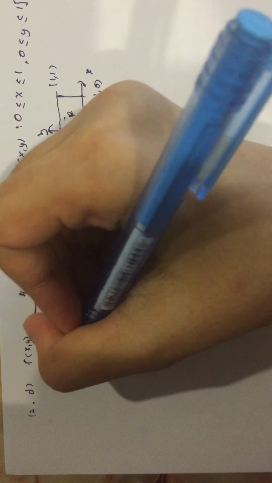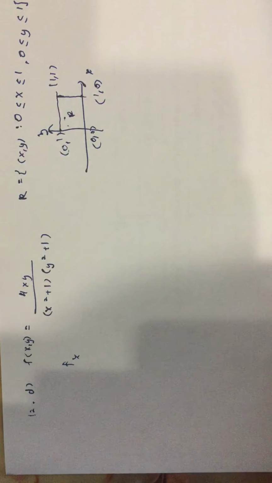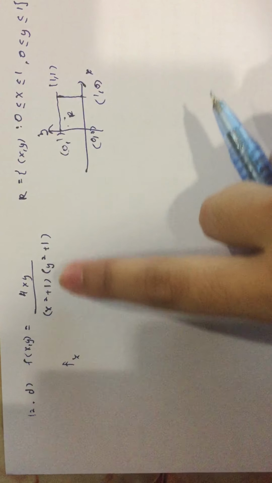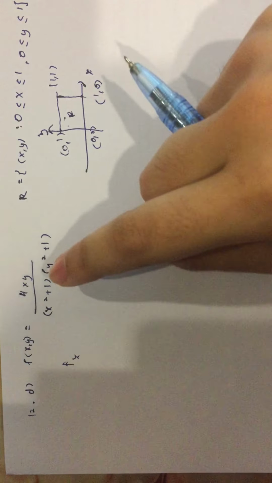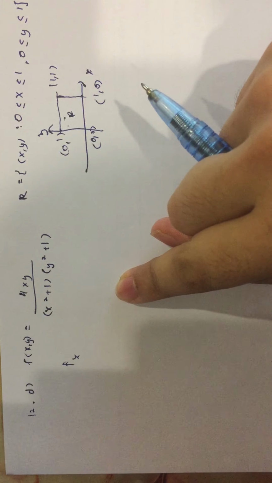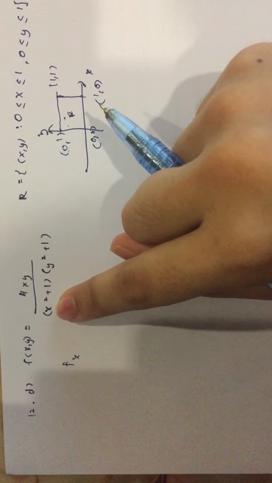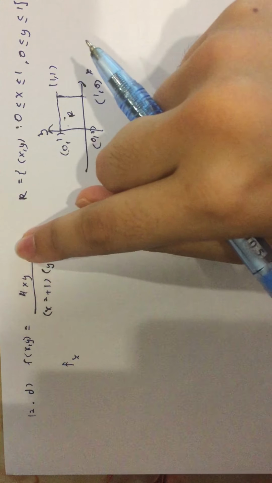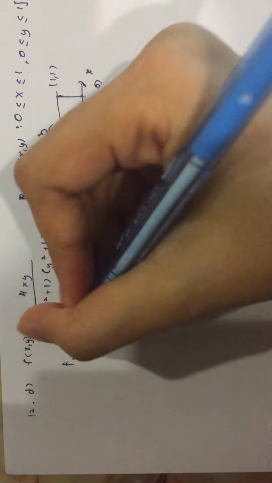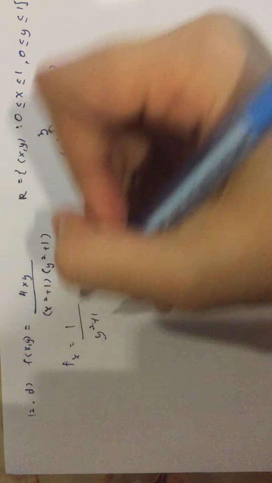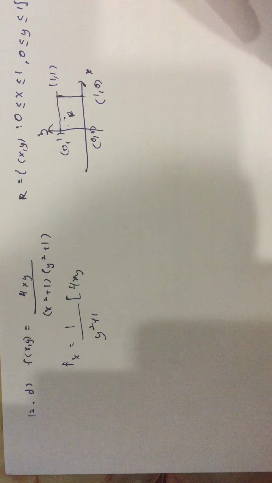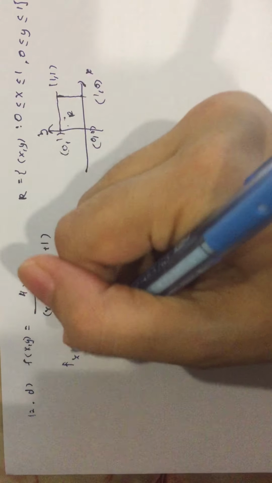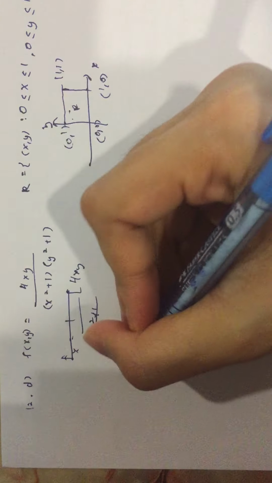For that, we need to calculate fx and fy. So for fx, because we have x on top and also at the bottom, we can bring this x squared plus 1 term up. This other one is just a constant, we can leave it there, so 1 over y squared plus 1. Let me write this below here.